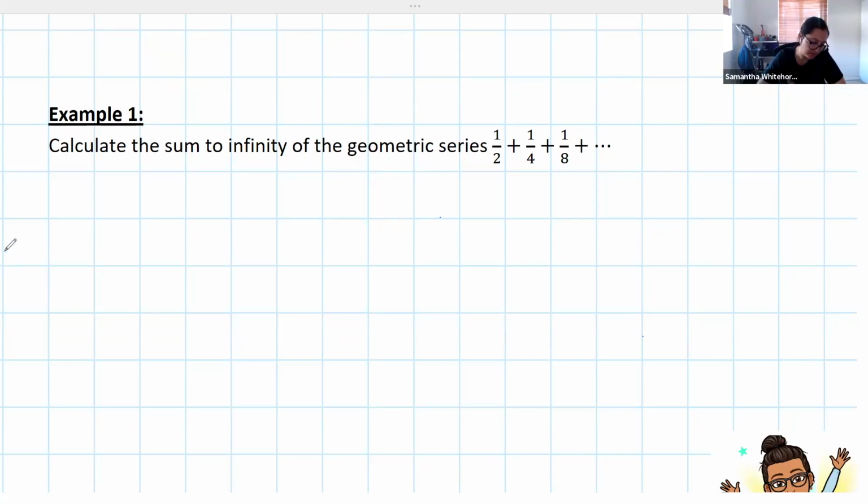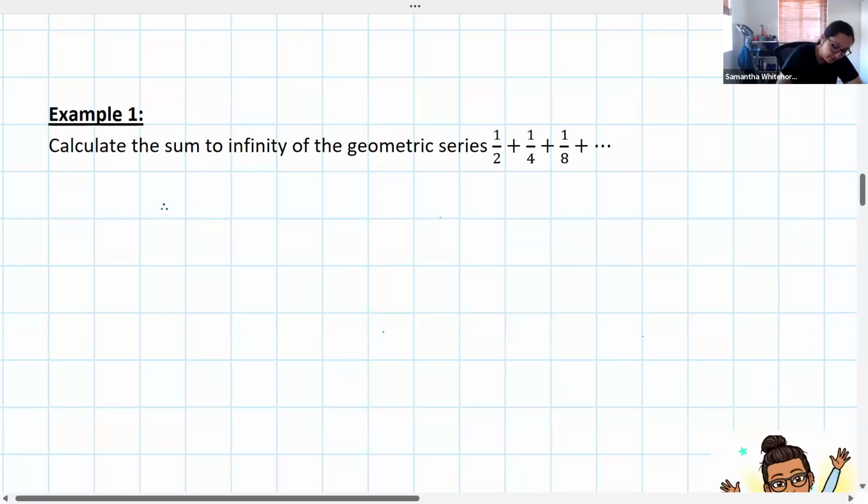So we've got this geometric series over here, a half, a quarter, an eighth, etc. Now, automatically, we should be thinking, my terms are getting smaller and smaller and smaller, so it should be a converging series. But obviously, for us to be certain of that, we can double check. So we know our a value is a half. And if we go and find out what our r value is, we will know whether or not it's converging.